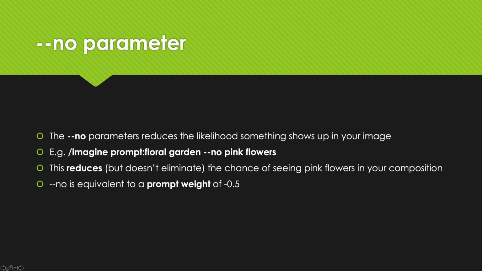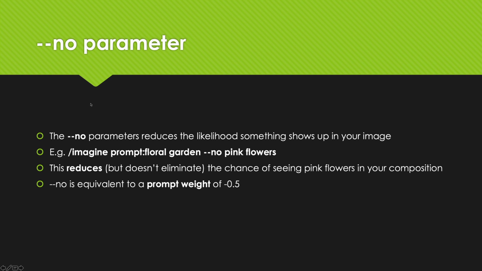So you might still see them, but you're probably not going to see as many. And this is equivalent to a prompt weight of -0.5. If you don't know what prompt weights are, don't worry about it. We are going to cover it. But essentially, the no parameter is a quick way of getting rid of things that you don't want.